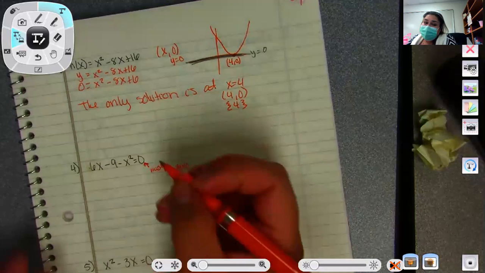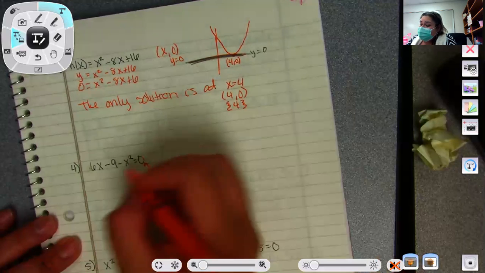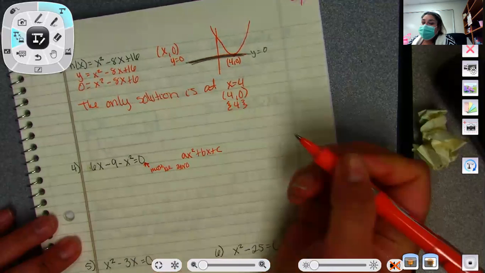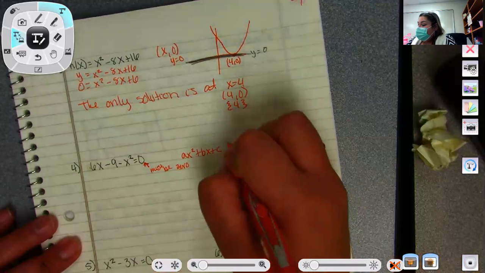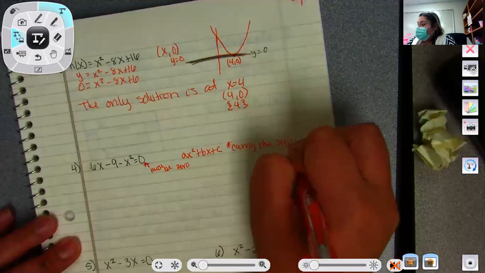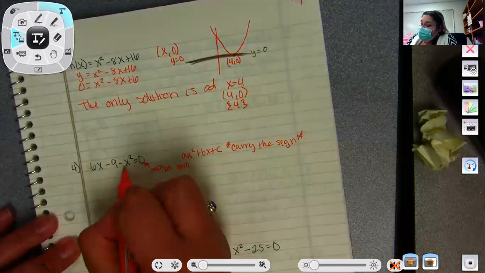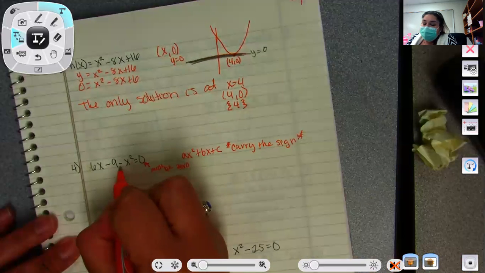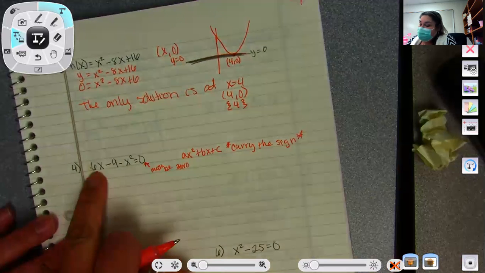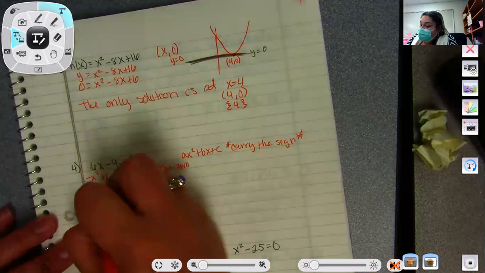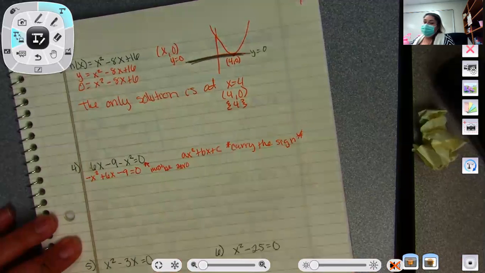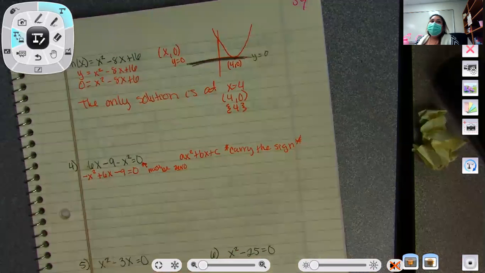Again, you can leave it like that, but if you're going to rearrange it, make sure it's in ax squared plus bx plus c form, and you have to carry the sign, right? So carry the sign if you're going to reorder it. So that means I want this x squared first, but it has a minus in front of it, so it's negative x squared. Then I want this positive 6x, so I'm going to put plus 6x. Then the constant minus 9 equals 0.